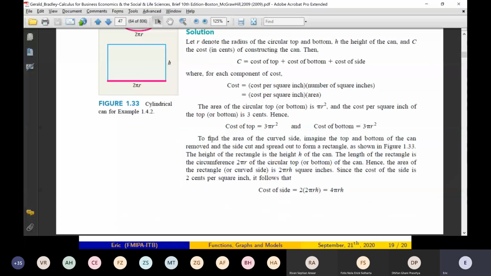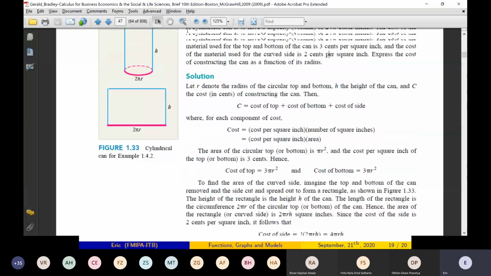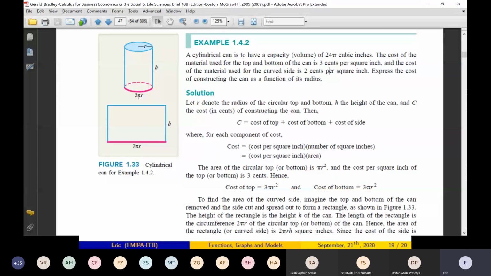To find the area of the curved side, imagine the top and bottom removed and the side cut and spread into the form of a rectangle. So I cut this and open it up. The length is just the perimeter of the circle, 2 pi R, and the height is h. So what is the area?